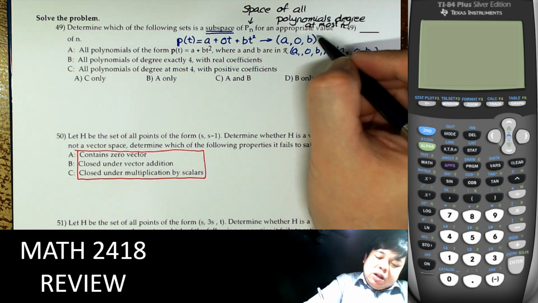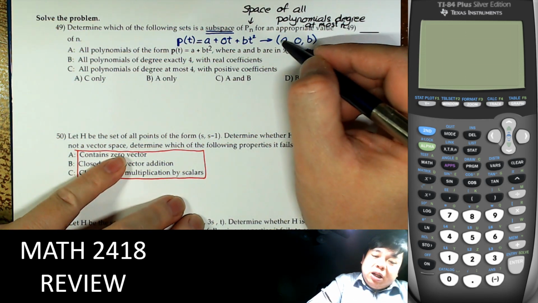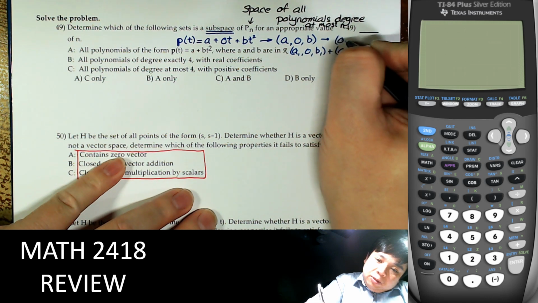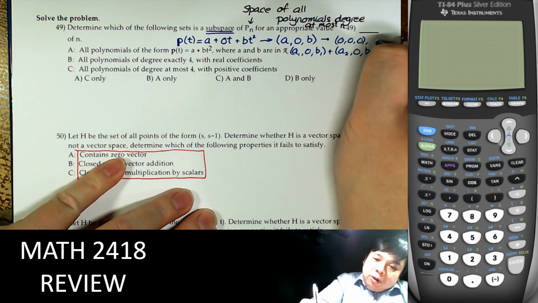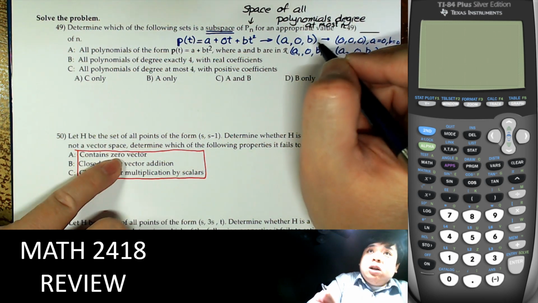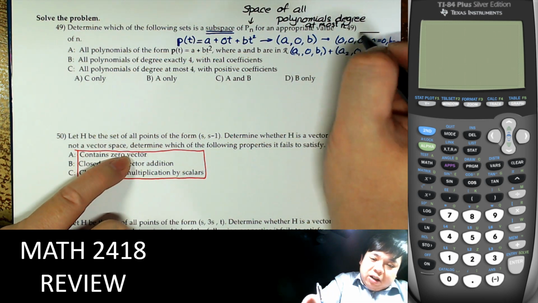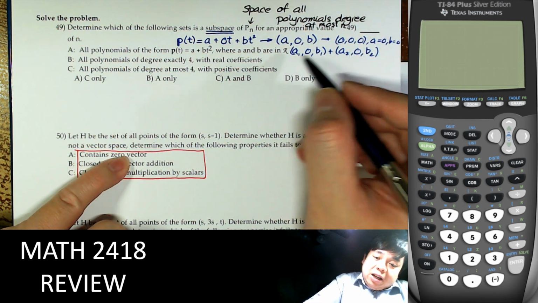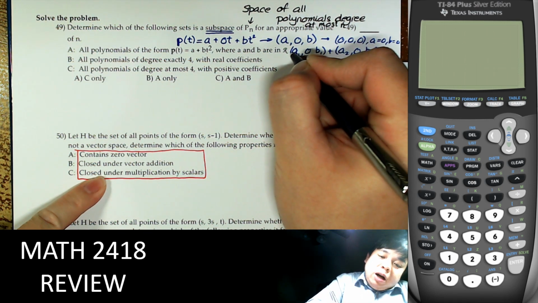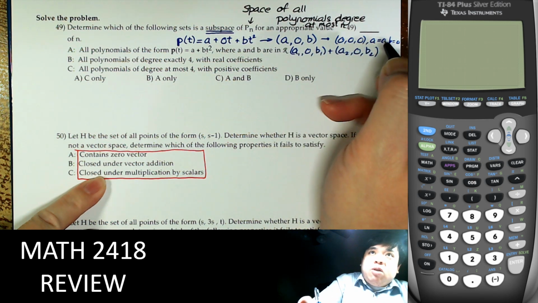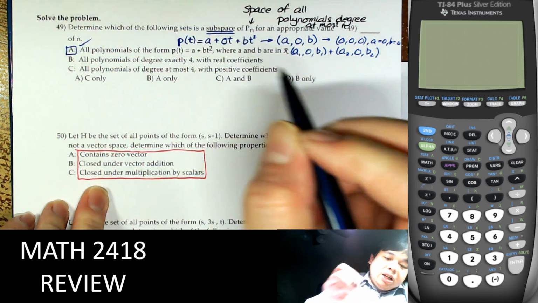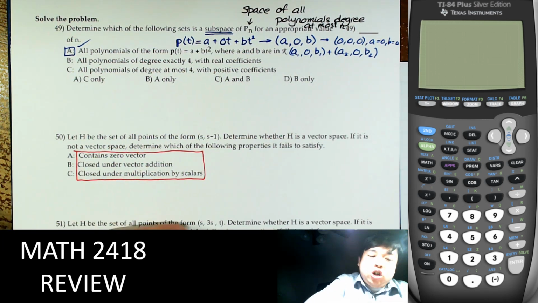The 0 vector is in there because we can choose a equal to 0, b equal to 0, and it's closed under addition. Now closed under multiplication: if we multiply a number into it, we still have this form. So the first one is good. This is a subspace. It has all 3 of these properties checked.